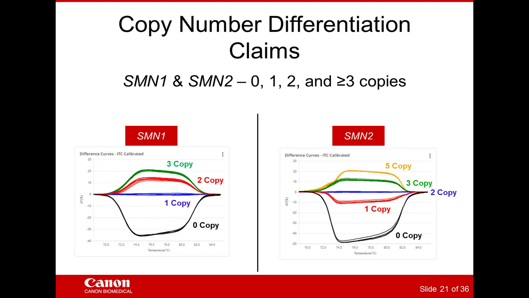When you start getting into 5 versus 6, 6 versus 7, the delta fluorescence between those samples shrinks. So we are confident for both of these assays to call out 0, 1, 2, and 3 or more copies. Above 3 copies, it gets difficult to reproducibly call samples of those higher copy number calls.